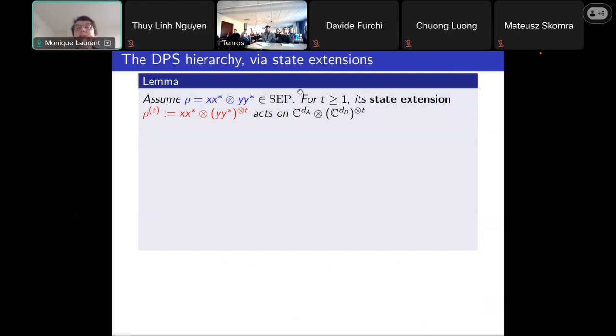What we can do is to extend rho. On the B side, we pick an integer t, and let's call it state extension rho t, which is obtained by doing xx star, tensor product, and now we insert t copies of yy star. So we get a new state, rho t, which is acting on C^dA times C^dB tensor product t times.